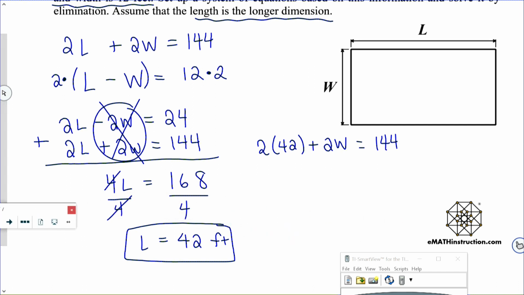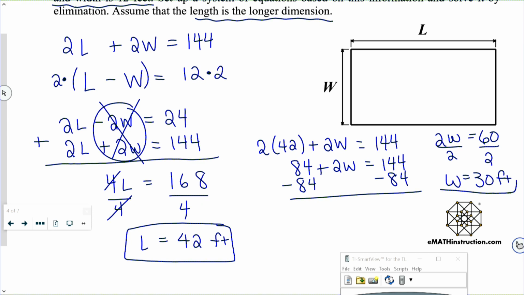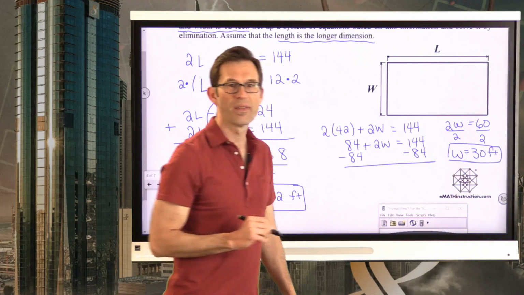I'm going to have 84 plus twice the width is 144. Subtract that 84 from both sides. That's going to give me 2 widths is equal to 60. Divide both sides by 2, and my width is going to be 30 feet. All right, and that's it.